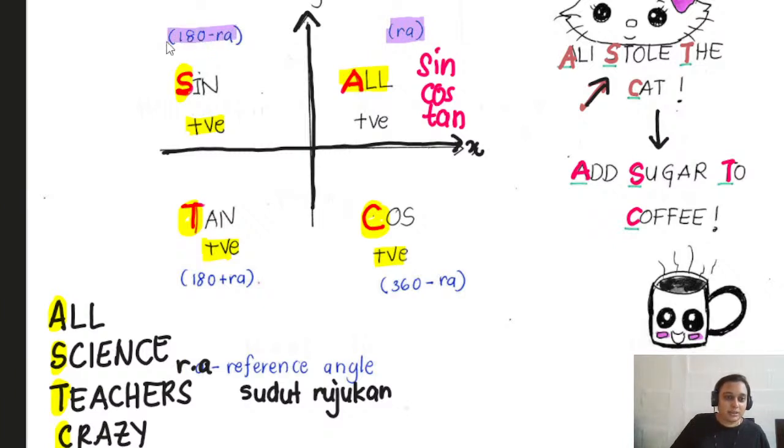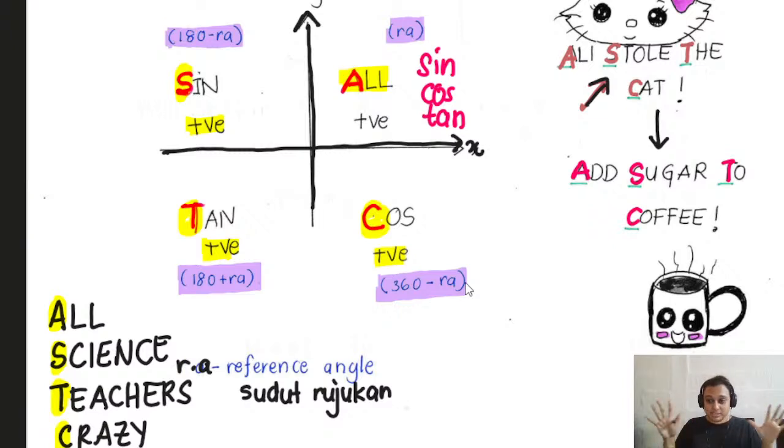In sukuan kedua, quadrant 2, you must take 180 minus the RA. Later I'll show you with an example how this works. In quadrant ketiga, the third quadrant, you take 180 plus the sudut rujukan. Then for cos, you take 360 tolak the reference angle.